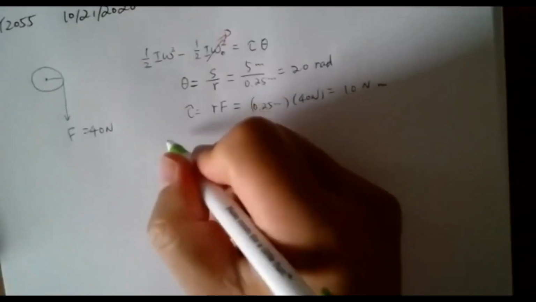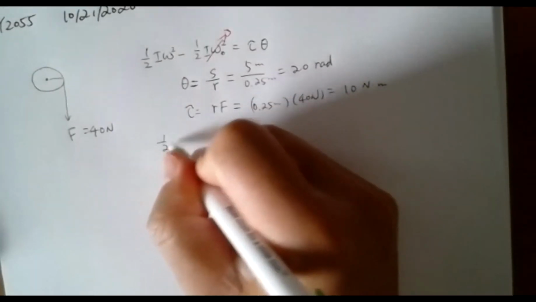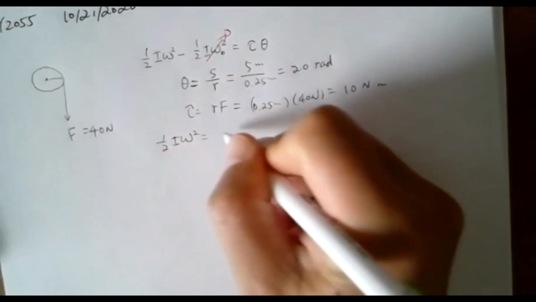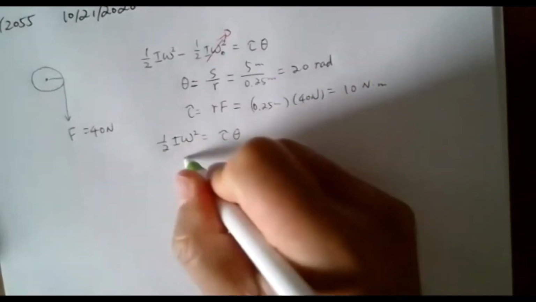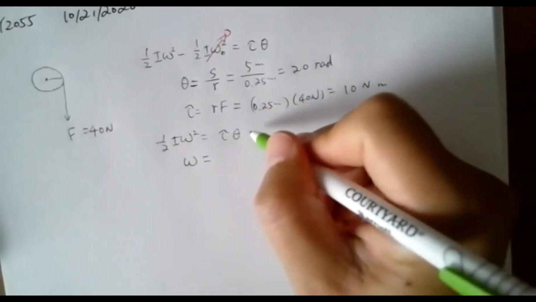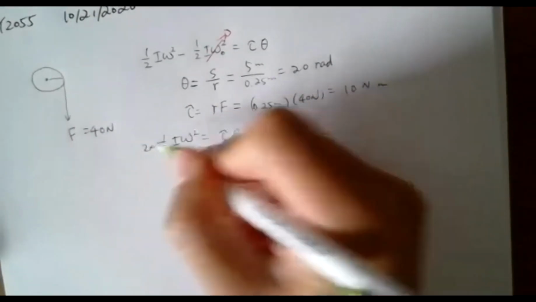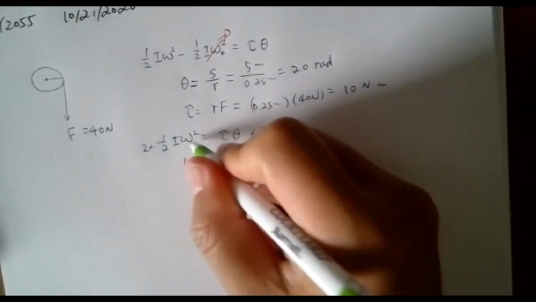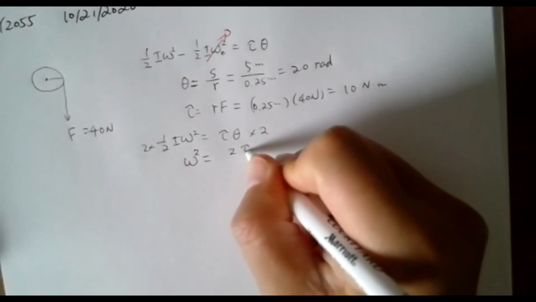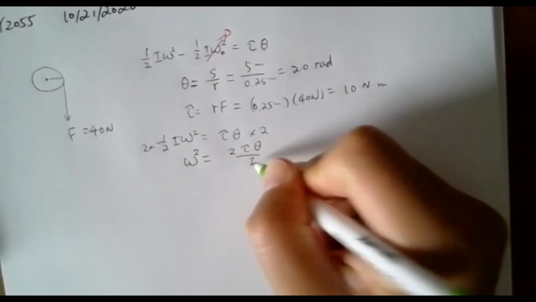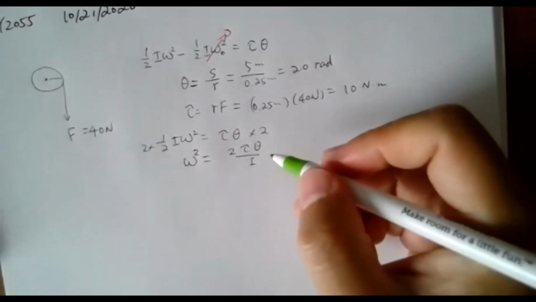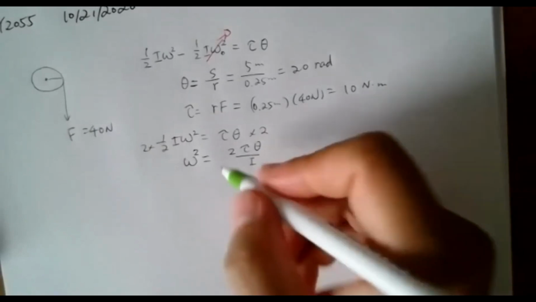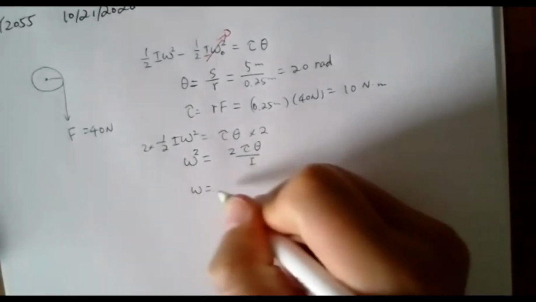Okay, so 1/2 I omega squared equals tau times theta. So then multiply by 2 on both sides and then divide by I, that gives you omega squared equals 2 tau theta over I. Then you take the square root of it to give you the omega.